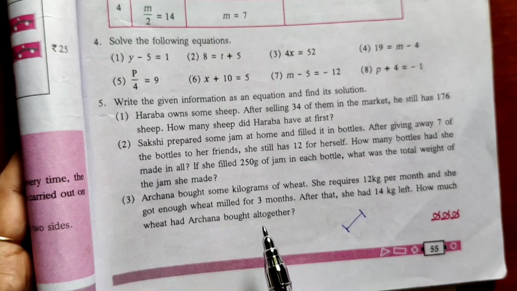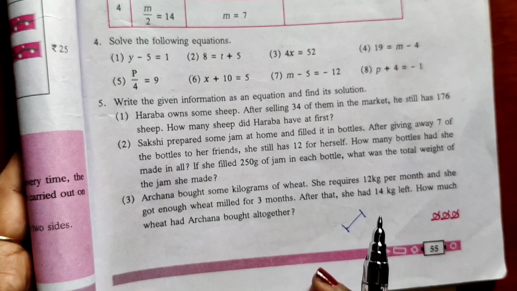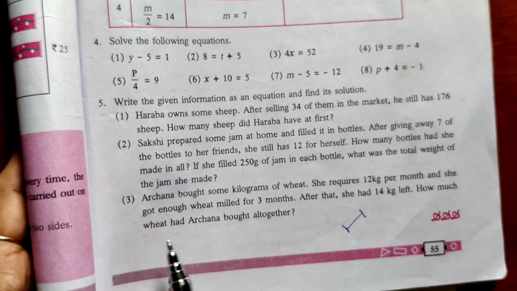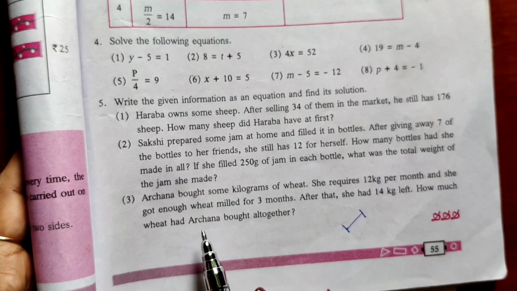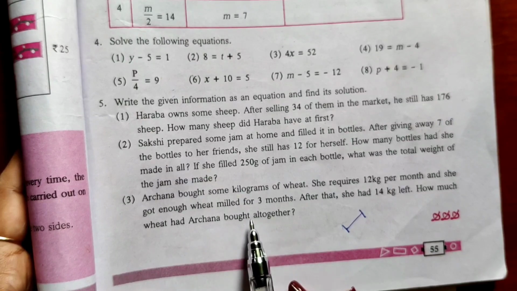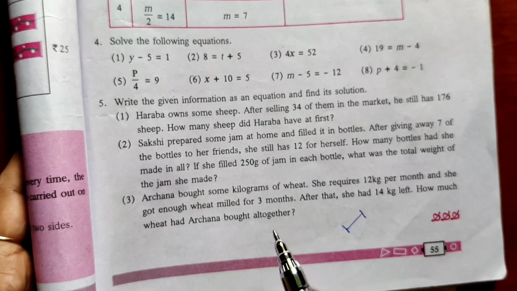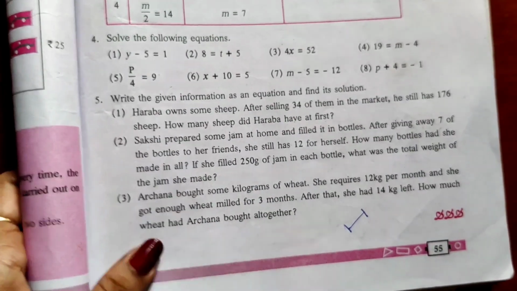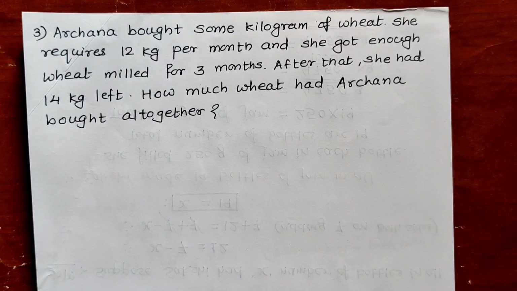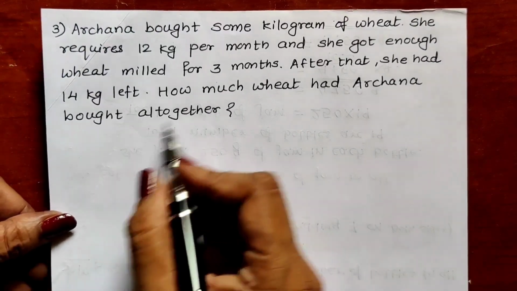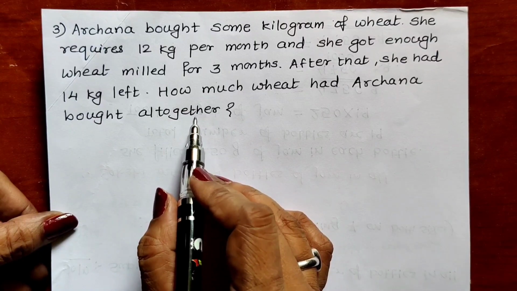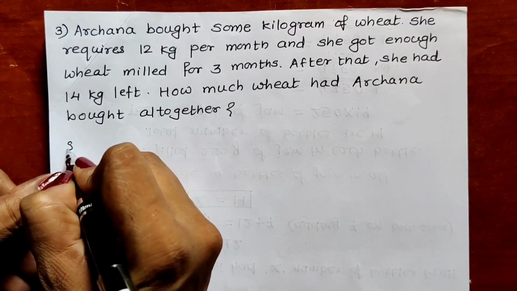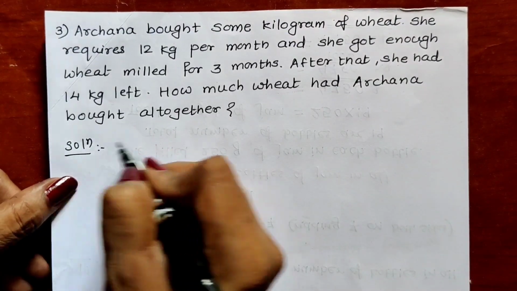So by taking X as the answer, we can write that Archana had bought X kg of wheat altogether. Correct? So before that write suppose. This word suppose you have to write and start writing the solution, where the answer should be X. So let us write the solution.